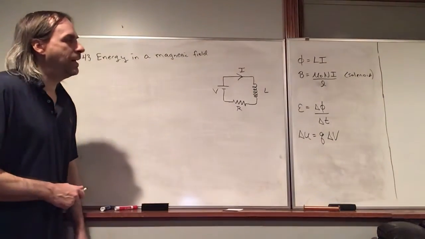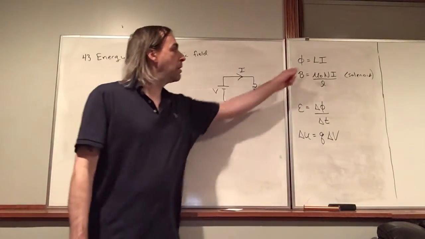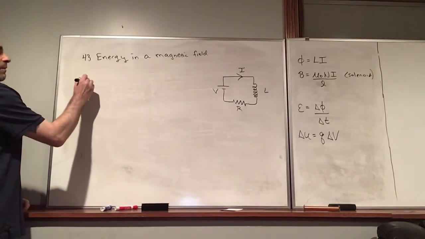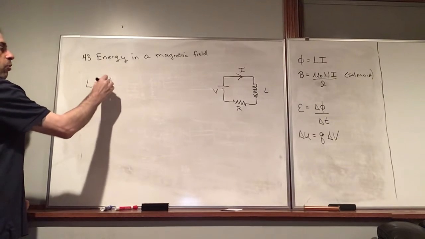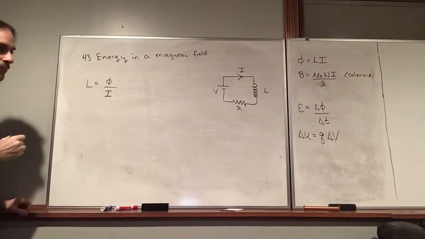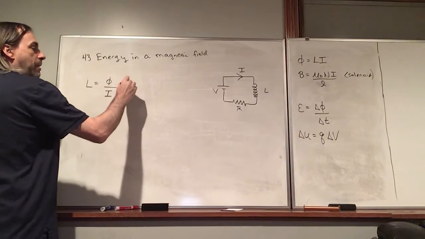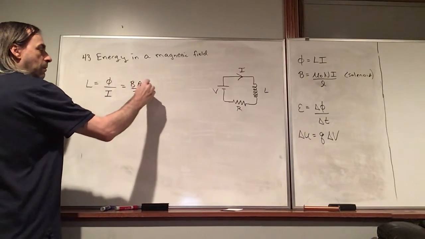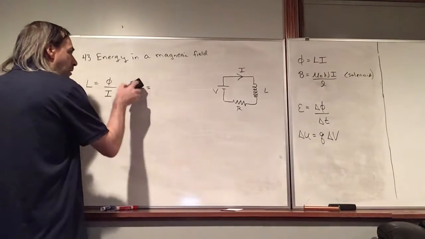Remember, for an inductor, the magnetic flux through the inductor is proportional to the current. So we can find the inductance of a solenoid, or any inductor, by looking at the total flux divided by the current. Now the flux through a solenoid would be the magnetic field times the area.